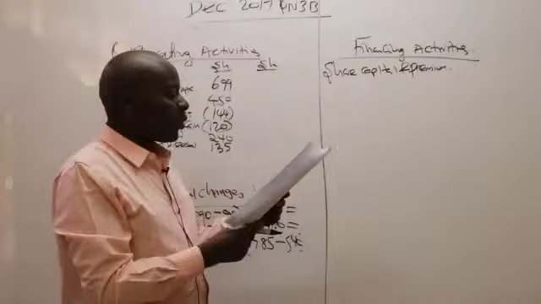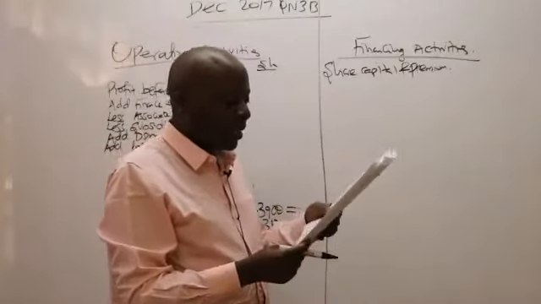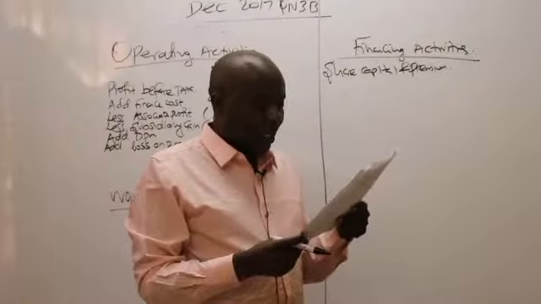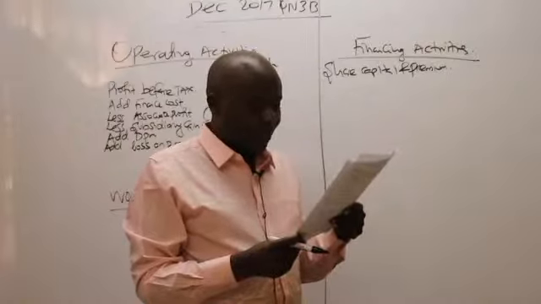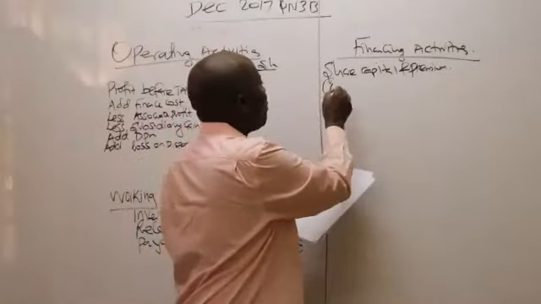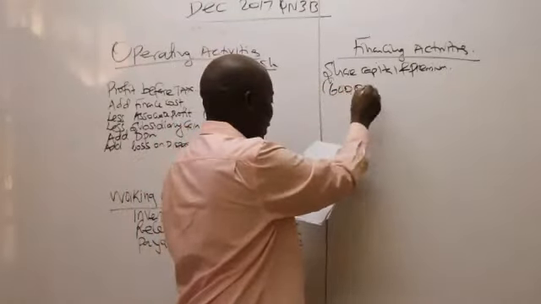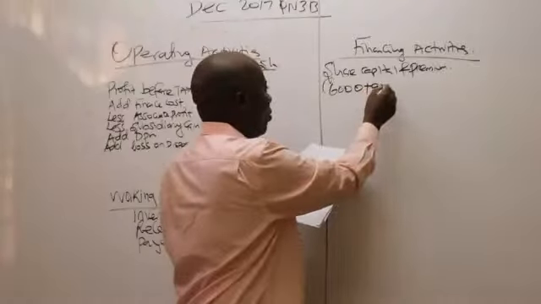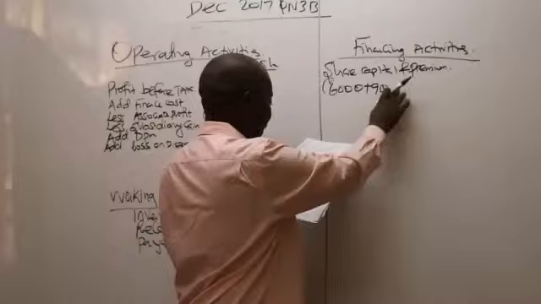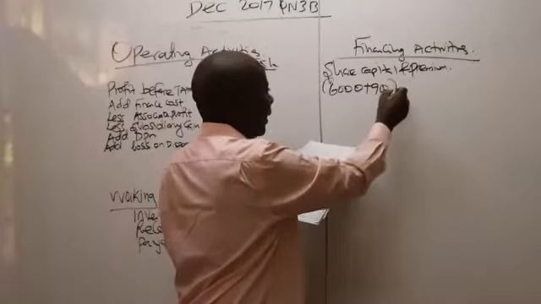So share capital and share premium, ladies and gentlemen, are you able to see the closing balance? Yeah, share capital and the premium. Abracadabra, closing balance is 6,000 plus 9,000 plus 900 plus 900 plus 900 like that.